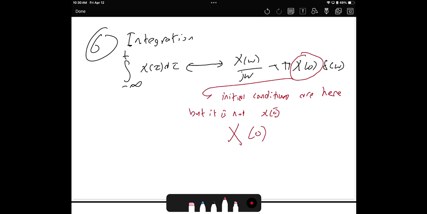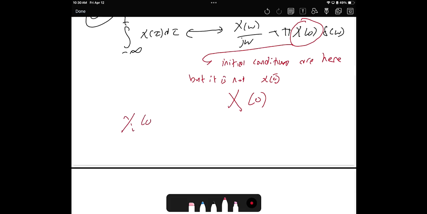We can say that X(0) can be found by saying it is X(omega), substituting omega equals 0. In other words, it will be the integral from negative infinity to infinity of x(t) dt, or in other words, the area of x(t). So even though there's an initial condition here, it is not actually an initial condition from the time domain.